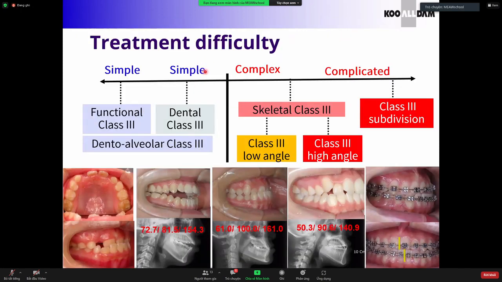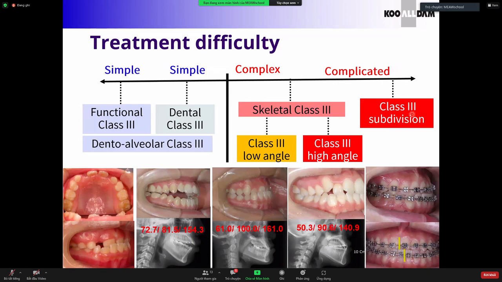So I want to divide this malocclusion based on the treatment difficulty. Functional class 3, dental class 3. So this is dental alveolar class 3. This is a simple case in Mio technique. And especially, I want to divide into 3 groups: simple, complex, complicated.